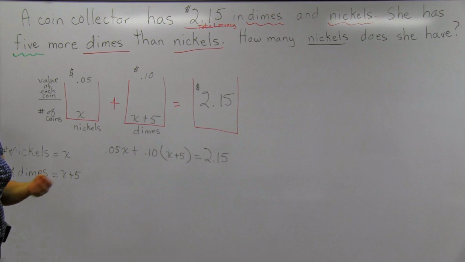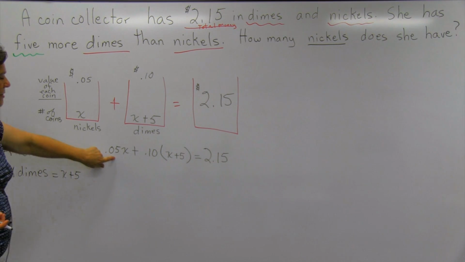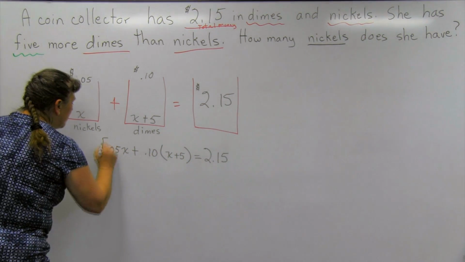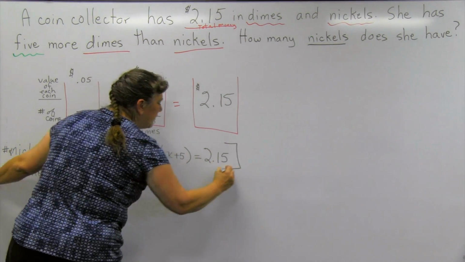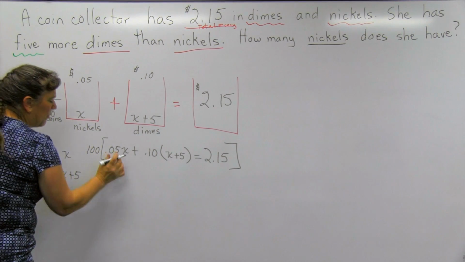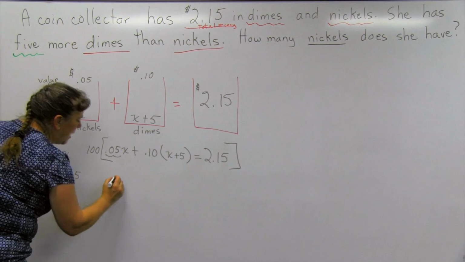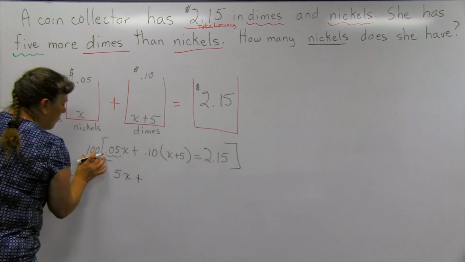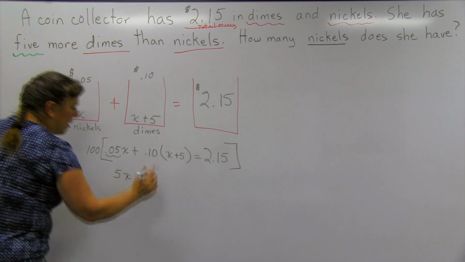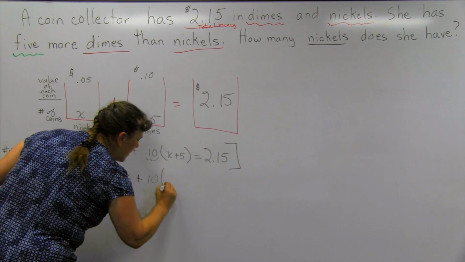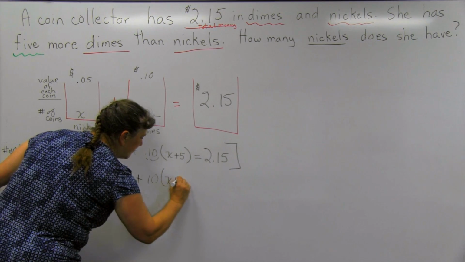Now, if you're like me, when I do things in my head, I really don't like using decimals a lot. So I'm going to change this so it's whole numbers. And I'm going to do that by multiplying every term by that 100, which is required to move that decimal 2 places. So 100 times 0.05 moves the decimal twice, making 5x, plus 100 times my 0.10, which is move it twice, making 10 times x plus 5.